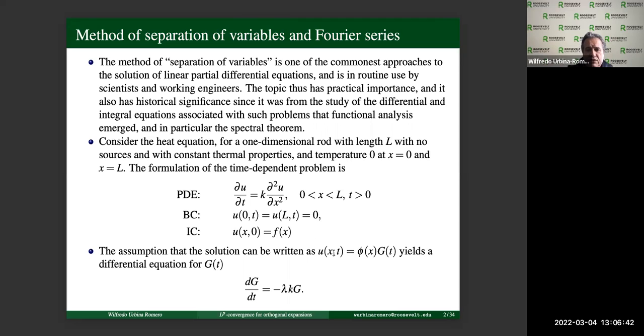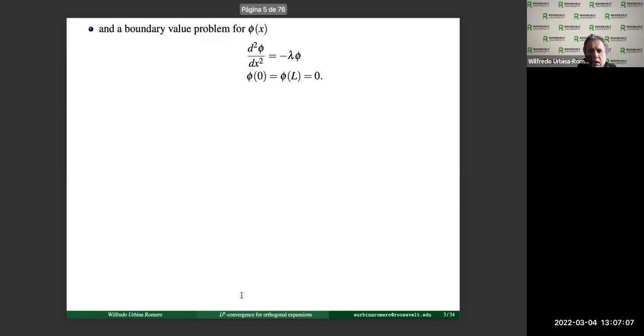Well, you say, let's assume that the solution can be written as the product of two functions, one depending only on x and one depending only on t. And then just plugging into this equation, we get two ordinary differential equations, one for g, that is dependent on time, and one for x.